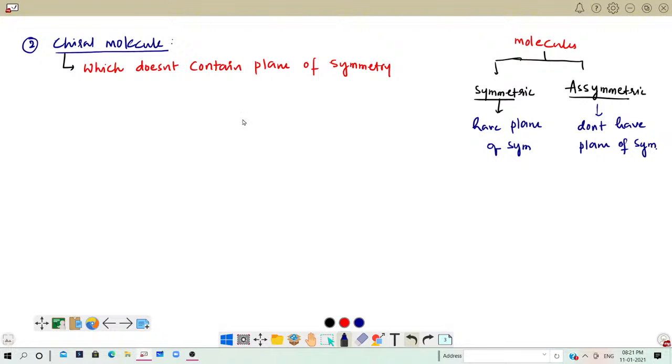Do not have plane of symmetry. Right? So the chiral molecule, simply what is a plane? The plane is imaginary. Plane of symmetry is nothing but, how do you understand?